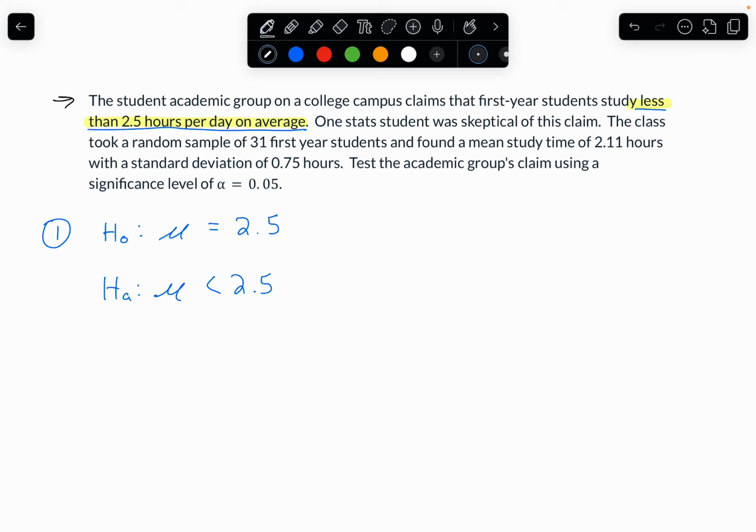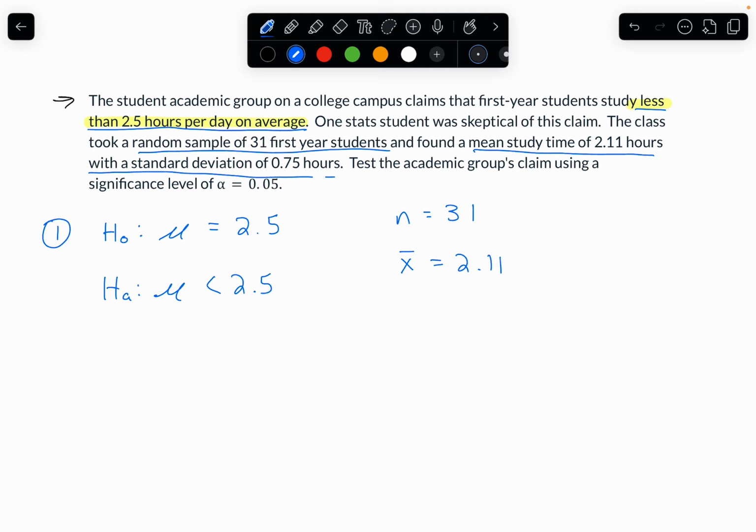The other thing we can do at this point that I think might be helpful for the remainder of our problem is to lay out some of the information that we have. We've got a random sample of 31 first-year students. That's our sample size, so let's make a quick note of that: n is equal to 31. What else do we know? We found the mean studying time of that sample. So the sample mean, x bar, is equal to 2.11, with a standard deviation of 0.75.